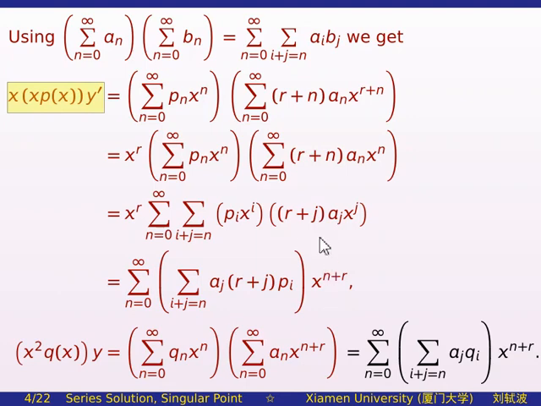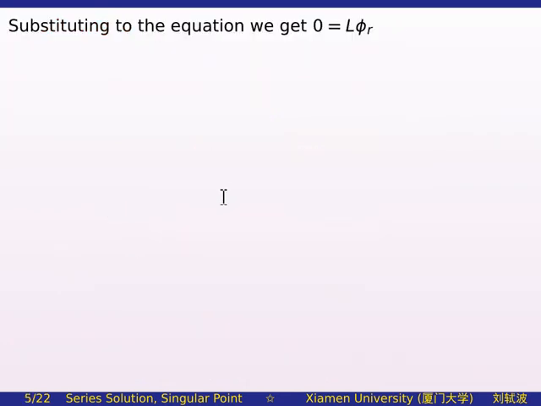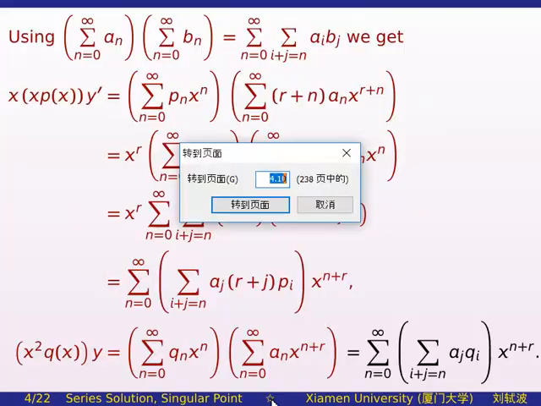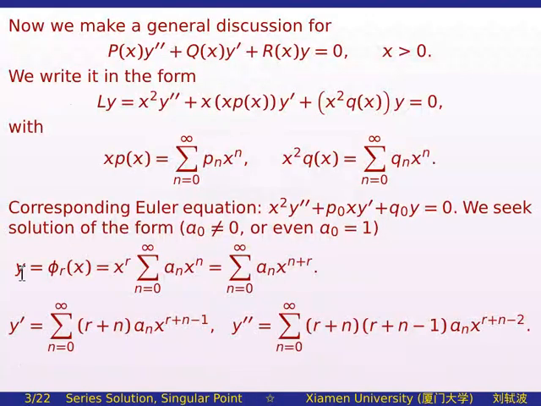Now, substituting all this into our equation, we obtain 0 equals L of phi_r. For phi_r, what's phi_r? Phi_r is here. We assume that the series expansion of y is a possibly singular function x^r multiplied by a power series.